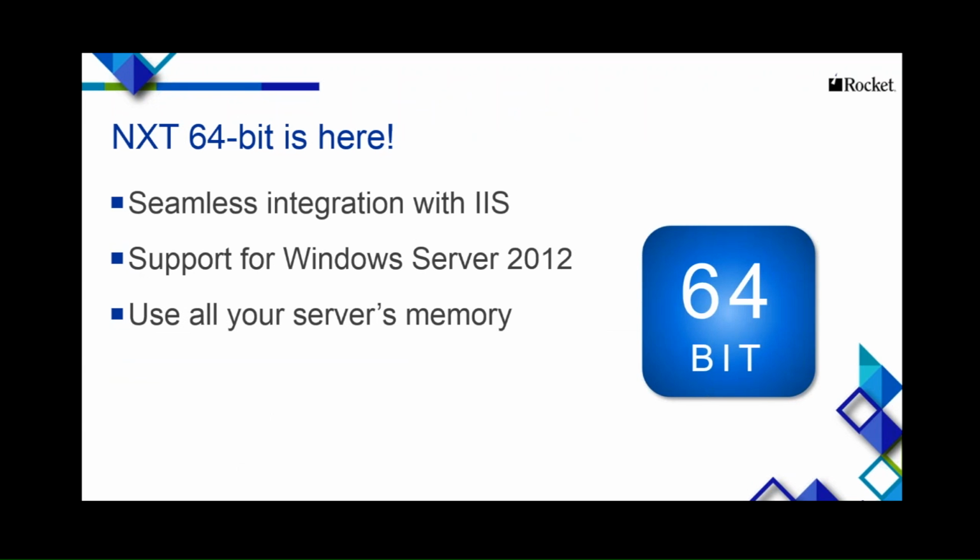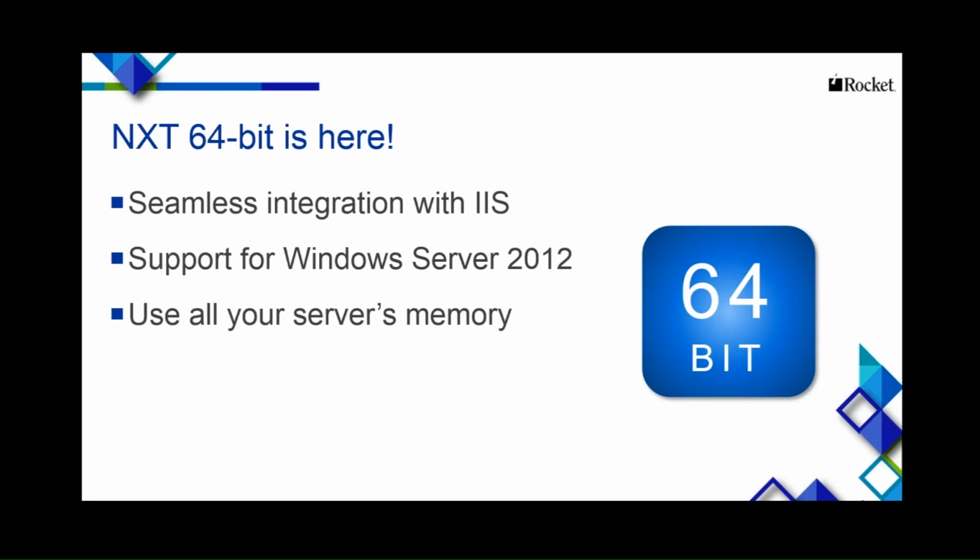So NXT 64-bit is here. We've been working on this release for quite some time. We've done it in parallel with other releases, but this is about 2 years in the making. It really offers better integration with and compatibility with IIS. We've tested and certified it for use on Windows Server 2012. And because it's 64-bit, it also allows you to utilize all of your server's memory.